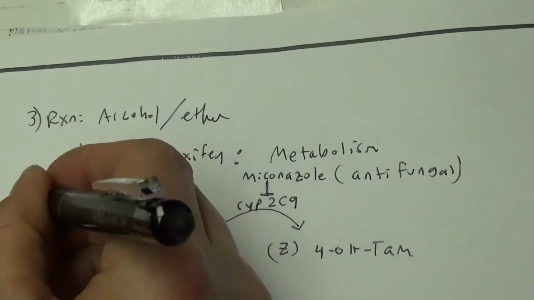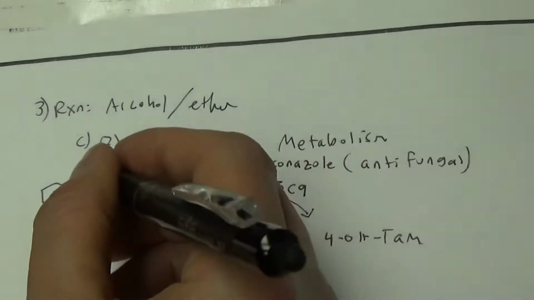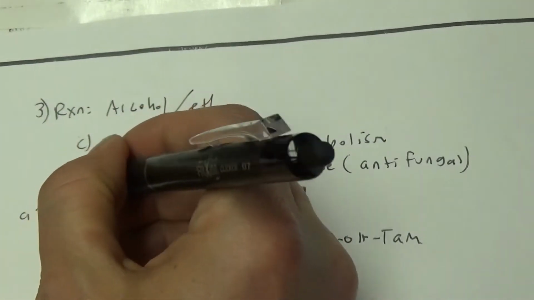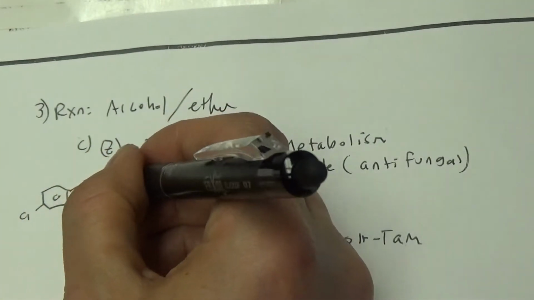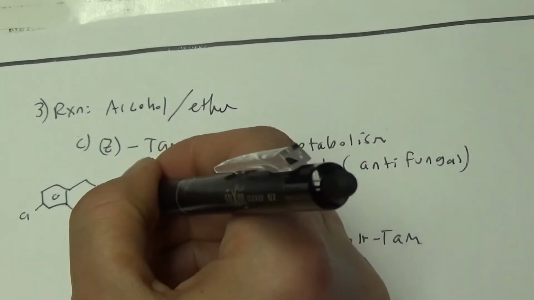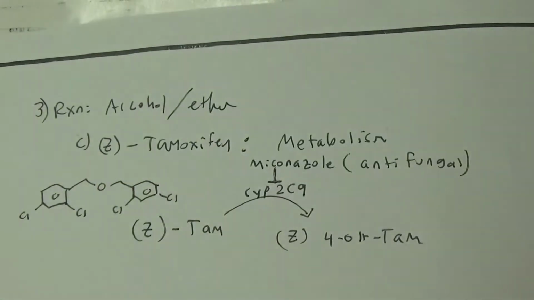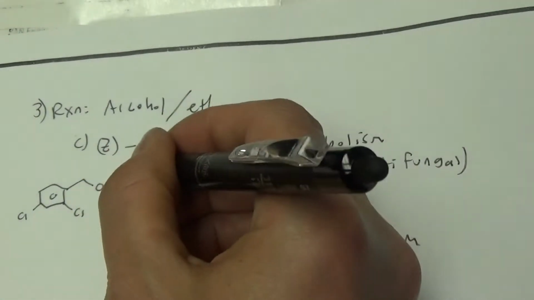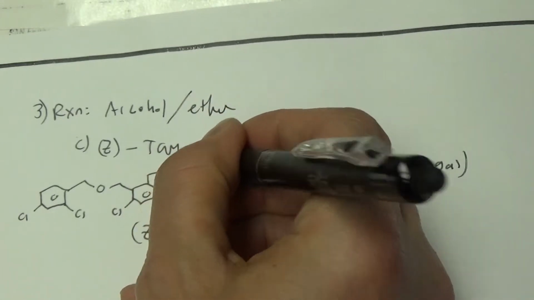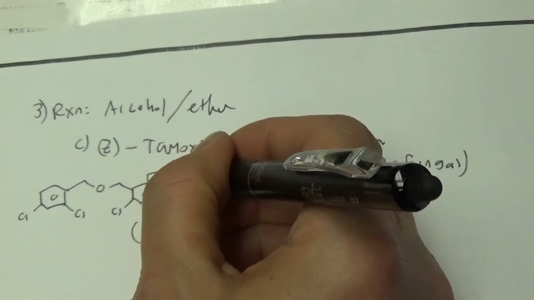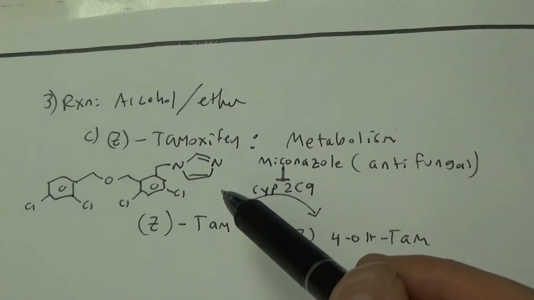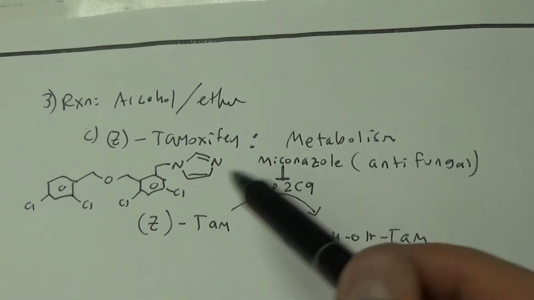Miconazole is chloro, ether, chloro, okay, that's Miconazole. It was that thing that inhibited the growth of the fungal cell membrane, right?